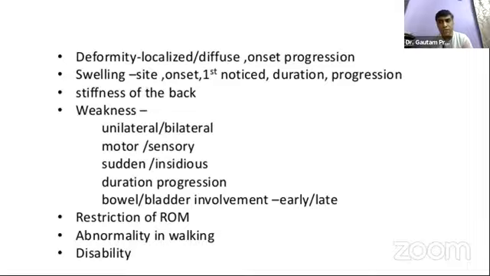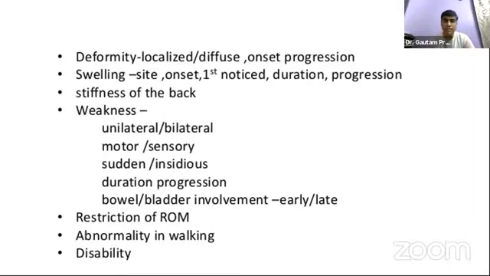If they complain of weakness, then we need to check whether it is of recent onset. Is it a sudden onset weakness or insidious onset weakness? Is it associated with any sensory component or any involvement of bladder and bowel? Is it unilateral, or is it associated with any symptoms which may point to upper or cranial nerve involvement, like slurring of speech or deviation of the mouth?